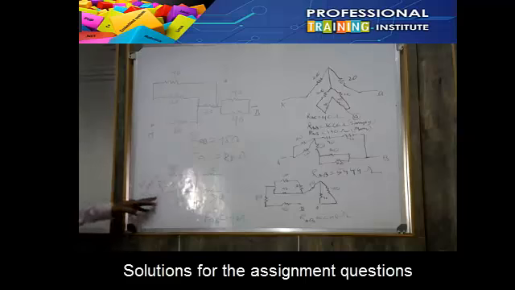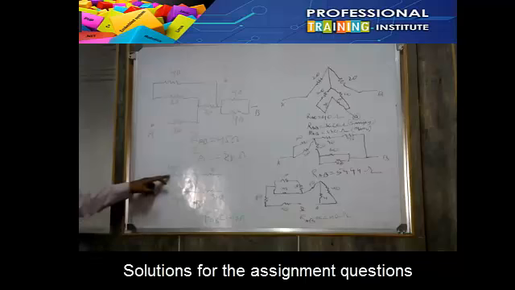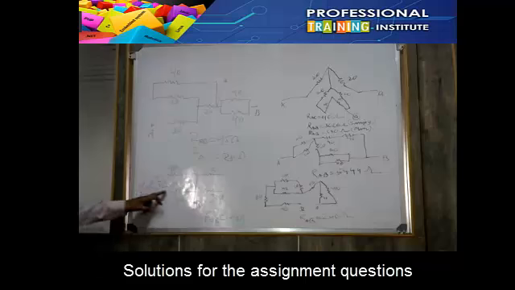How to calculate this? A and B are in the same pattern, only one resistance. Where does this resistance go? This resistance, this one, this one.